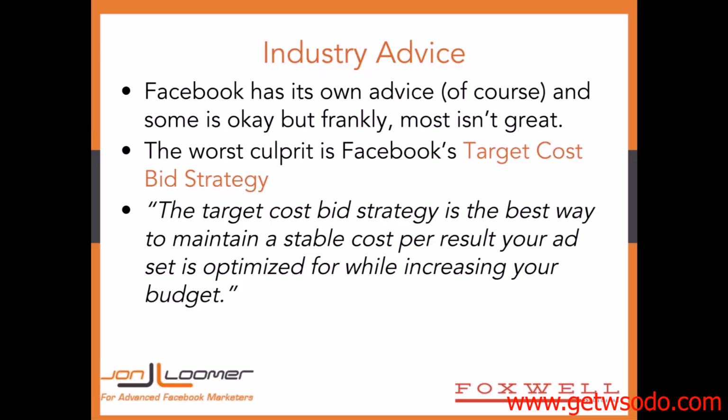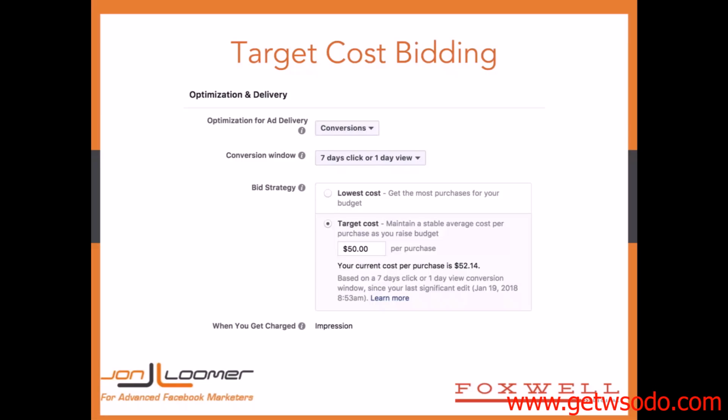They say the target cost bidding strategy is the best way to maintain a stable cost per result while your ad set is optimized for increasing the budget. So you're saying, hey, I want the CPA to be this, and this is what it looks like. Some of you in other countries may not have target cost, and it's basing it on what your account previously said.